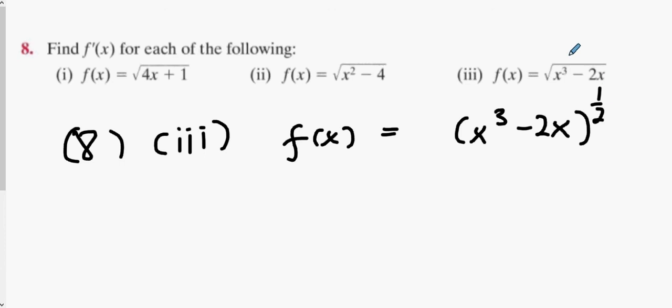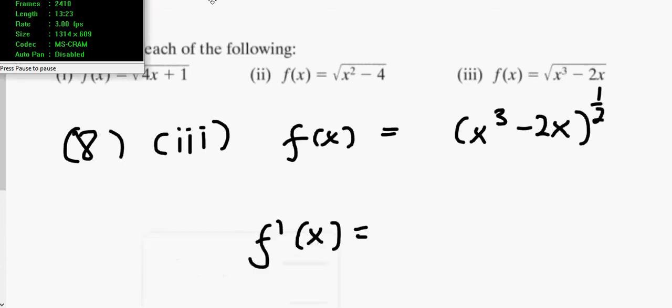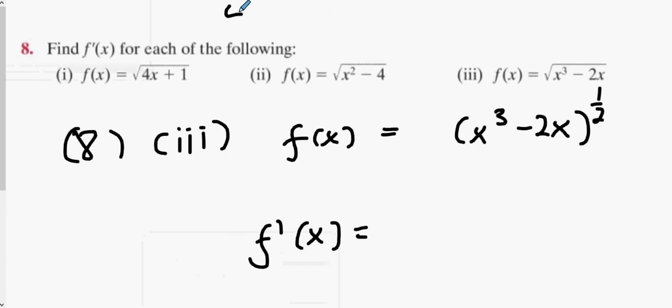Bring the power to the front, take 1 away from the power, differentiate the missing part. Okay? And make sure you write down f dash x for the derivative and you'll be sorted. So what have we done so far? We've done 4, 6, 16, now we're doing 7 and parts of 8.